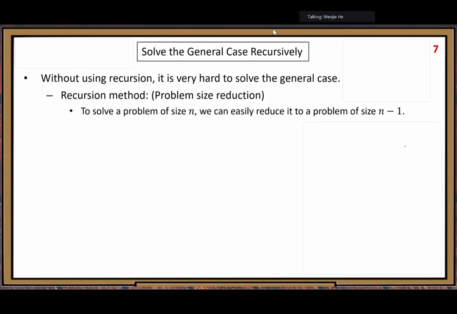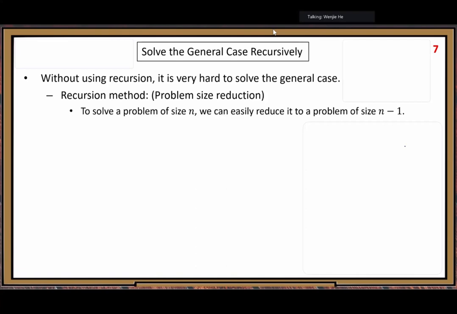Every time we just reduce the problem size by 1, similar to our factorial problem. When we use recursion to solve the factorial, we reduce the problem size by 1 every time.